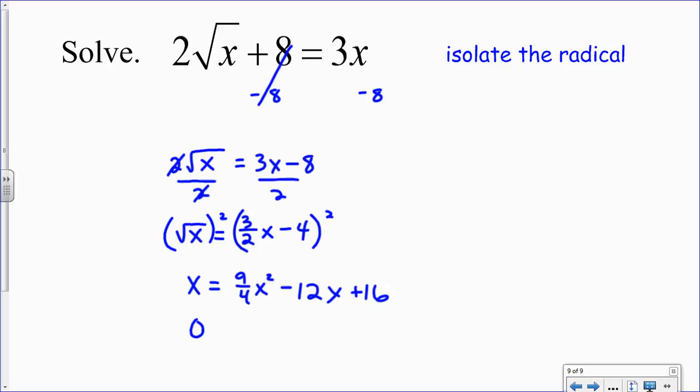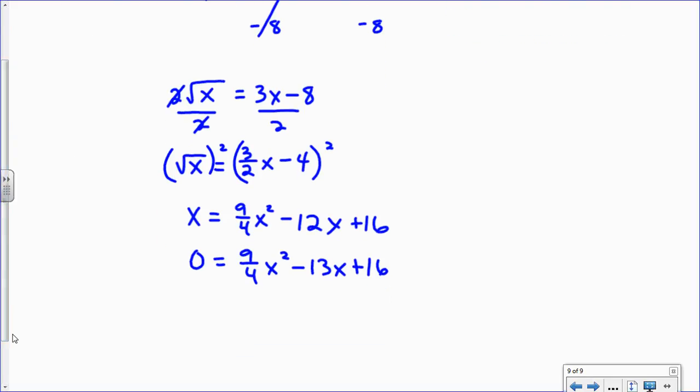Subtract x. And then maybe use the quadratic formula here, or if you multiply through by 4, you could factor it. But then you end up with your same two answers, 16 over 9 and 4, but one is extraneous.